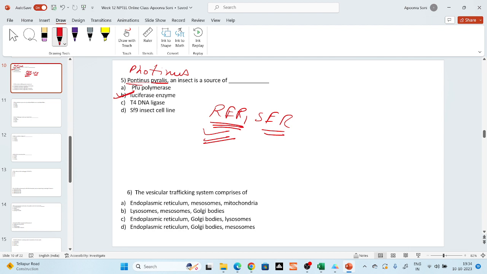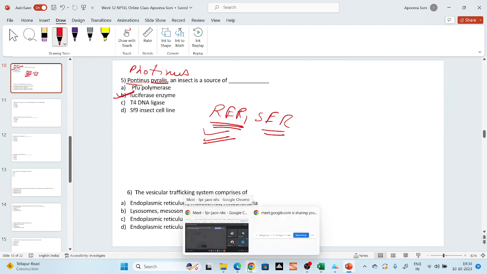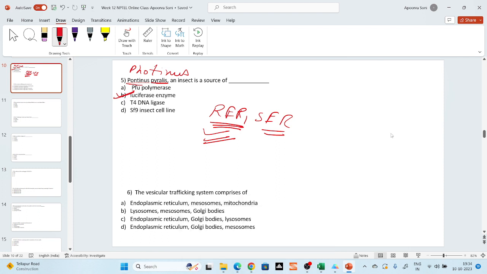We have been studying it since maybe ninth or 10th grade. RER, SER. Nobody remembers what rough endoplasmic reticulum and smooth endoplasmic reticulum are?